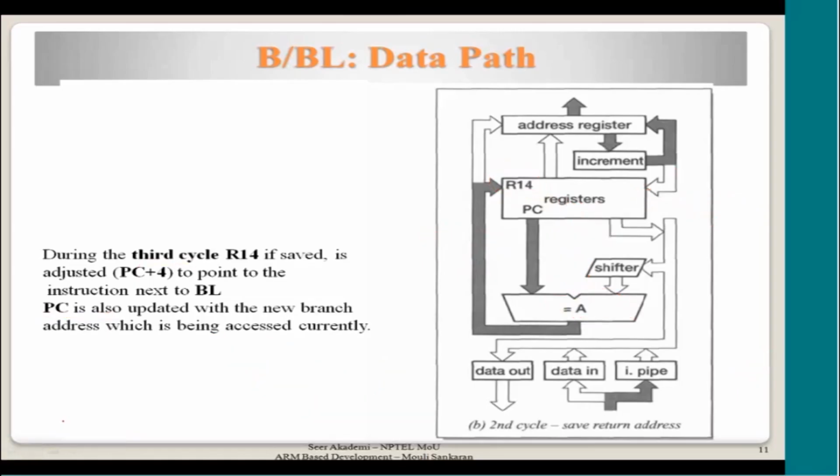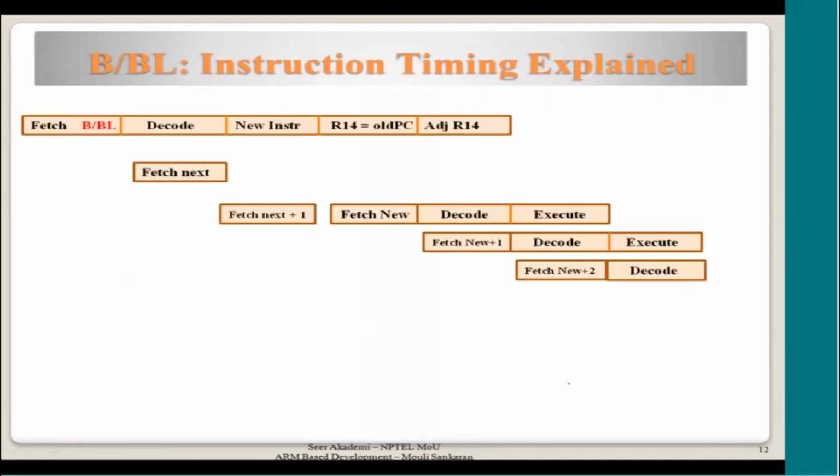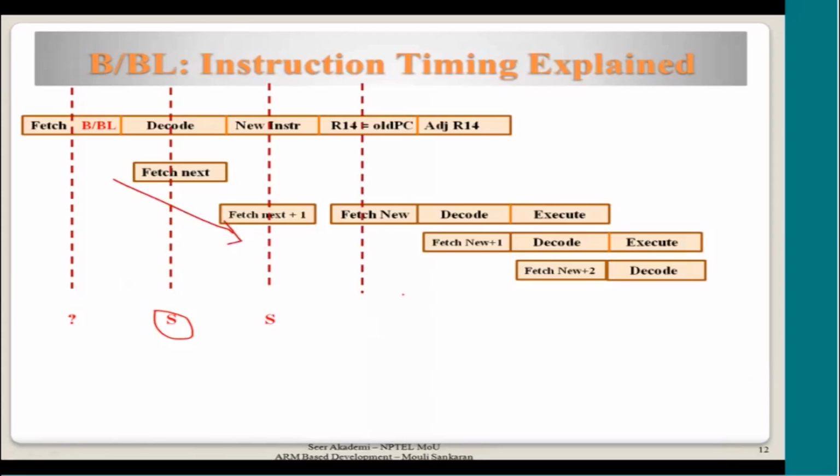So I hope this data path is clear to you. Now this will be very obvious. This will be a sequential cycle. This is also a sequential cycle because it is the next instruction only. But will this be sequential? Though the same fetching is happening, the new instruction is getting fetched from a different location, so it has to be an N cycle.